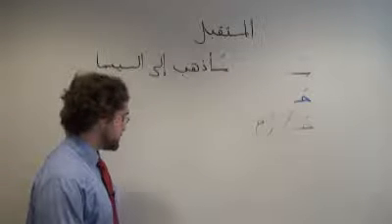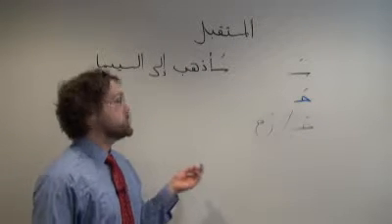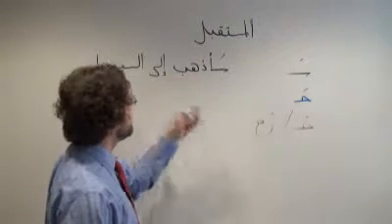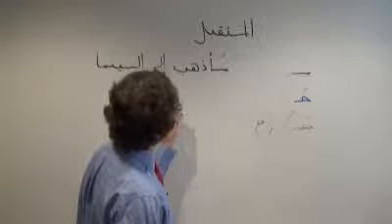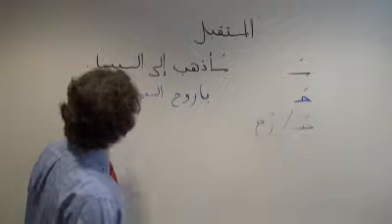In Egyptian, we have something very similar, right? If we want to say the same sentence, in Egyptian, of course, we're going to use the Egyptian colloquial verb for going. We aren't going to say أذهب. I might say بروح السينما, right?